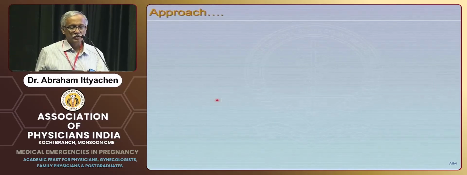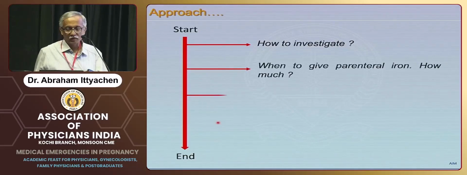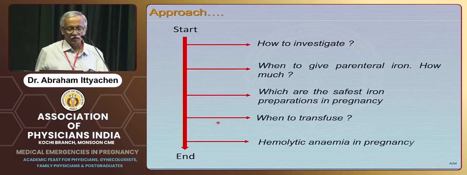Now, this is how I'm going to approach. I start from the beginning and go towards the end, and in between I will be covering each of them: how to investigate, when to give parenteral iron, what are the safest iron, when to transfuse, and finally a bit about hemolytic anemia in pregnancy.